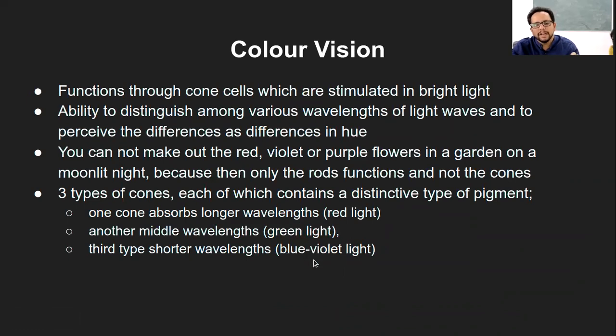Depending on their wavelength, they have certain amount of energy as well. And depending on the energy content, they will excite that pigment to some extent. If it is more energy, more excitation of the pigment, and if it is less energy, less excitation of the pigment. So that way, these three different types of cells do exist.